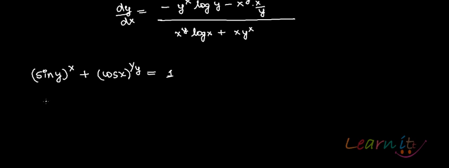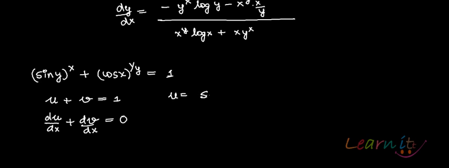So you can write this as u plus v equals 1, where u is sine y to the power x and v is cos x to the power 1 by y. So you can write du by dx plus dv by dx, and differentiating 1 with respect to x is 0. So your u is sine y to the power x.